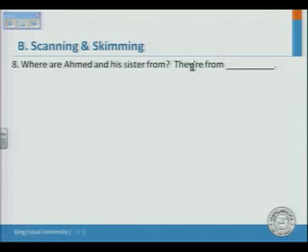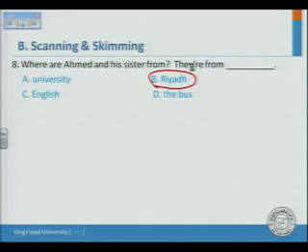Let's take this question. Where are Ahmed? We can't say where is Ahmed because we have Ahmed and his sister. We have both, plural. So where are Ahmed and his sister from? You see the options here: from university, from English, from the bus, or from Riyadh. So if you go back, you will find the answer is Riyadh.